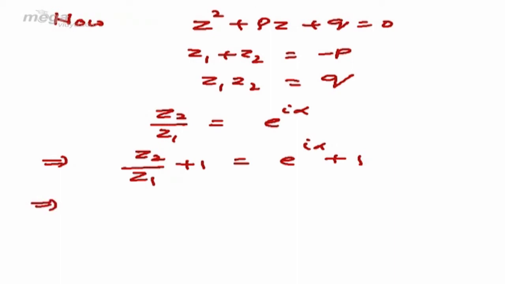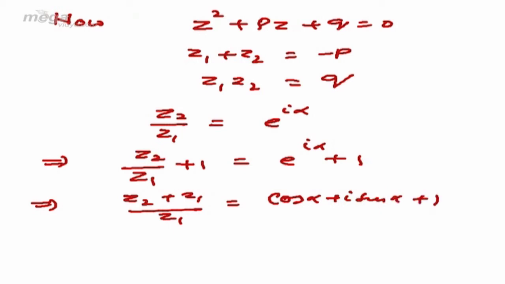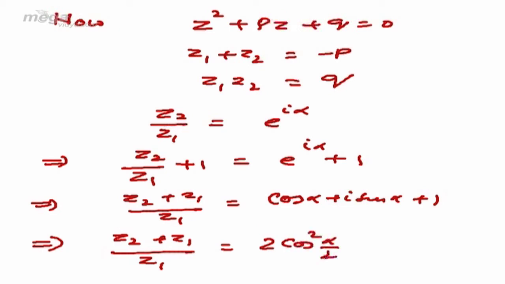You can write it like this: (Z2 plus Z1) by Z1 is equal to e to the power i alpha plus 1, which can be written as cos alpha plus i sin alpha plus 1. This can be written as (Z2 plus Z1) divided by Z1 is equal to cos alpha plus 1, which can be written as 2 cos square alpha by 2, plus i sin alpha, which can be written as 2 sin alpha by 2 cos alpha by 2.